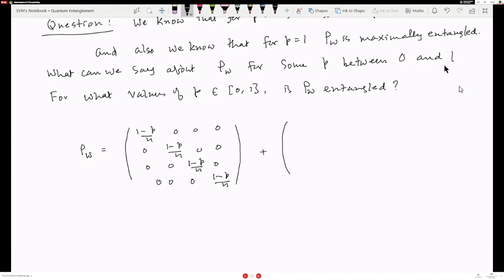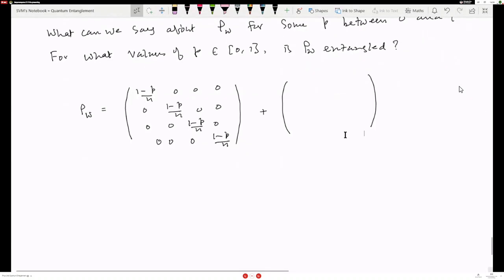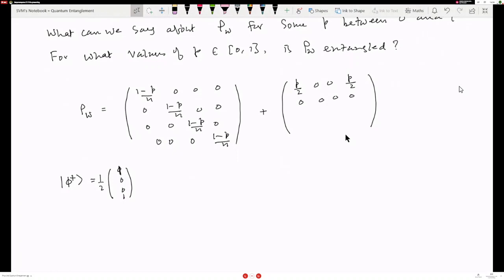Plus the second matrix, as you know, is p times phi plus, so remember your phi plus is 1 by 2 times 1, 0, 0, 1. So p times phi plus will be p by 2, 0, 0, p by 2, with zeros elsewhere and p by 2 in the corner entries.